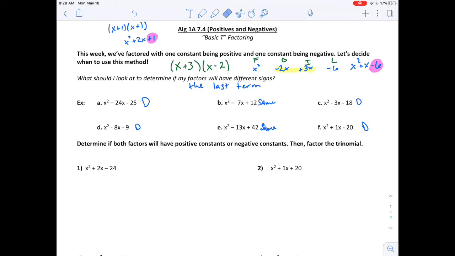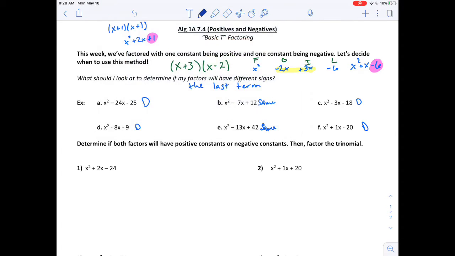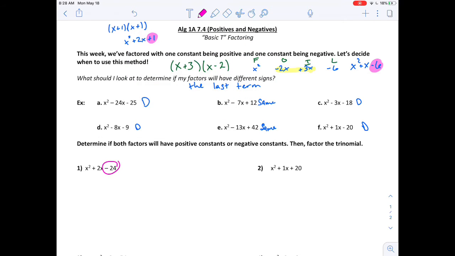Okay, now let's try these first two. Just as a reminder, what are we doing here? We're trying to find the two numbers that multiply to negative 24, multiply to our last term, and add or subtract to this middle term.